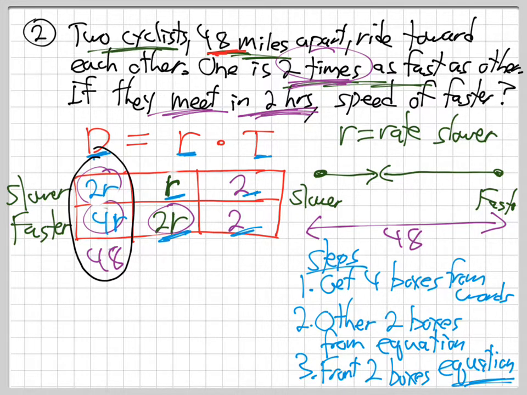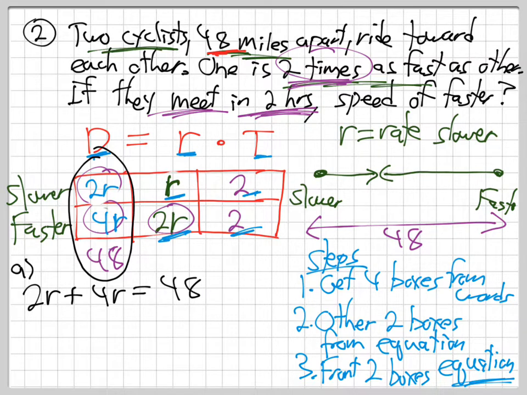The slower and the faster together cover the whole 48, don't they? So the 2R plus 4R covers the whole 48. Do you see that equation? There's our equation. That's what they want in part A. They want the equation. So there's the answer to part A.